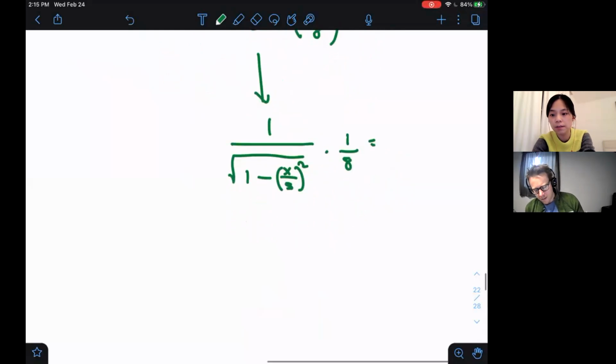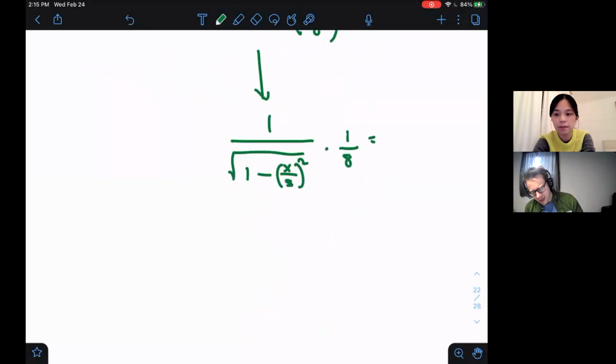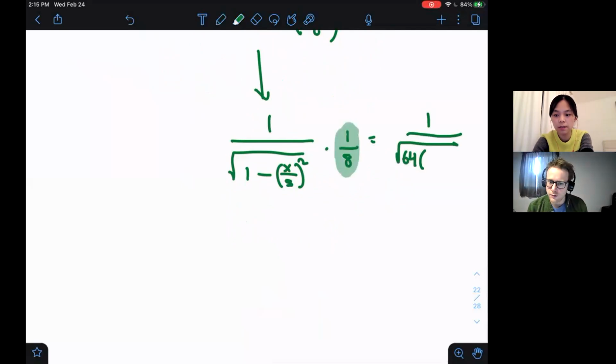So let's go ahead and do a little bit of a rewrite. I'm going to take this 8 that's on the outside and push it inside of the square root. If I wanted to rewrite that 8 on the outside inside of the square root, I would have to rewrite it as 64, because 8 is the same thing as the square root of 64. We still have this 1 minus, and I could rewrite this as x squared divided by 64 here.